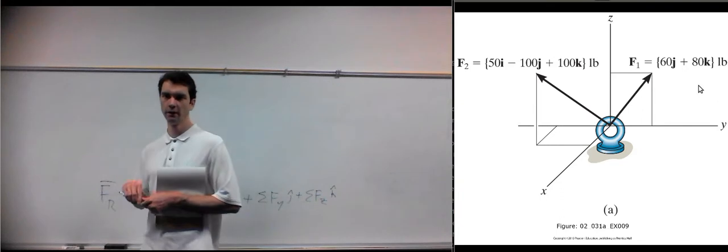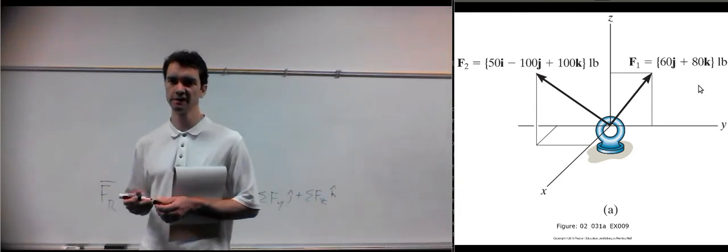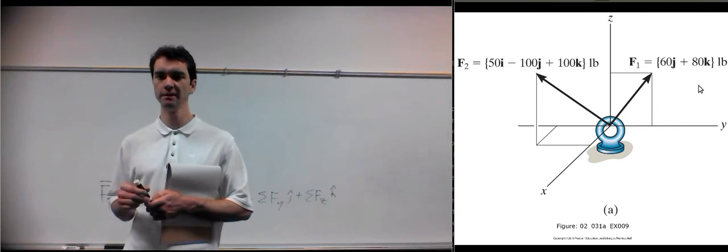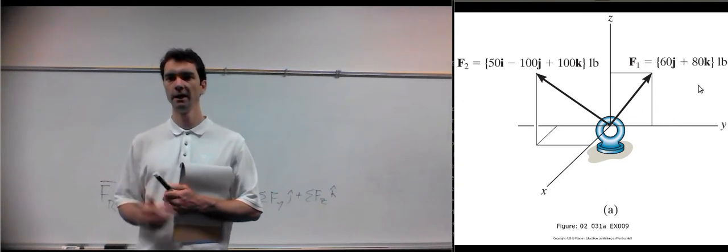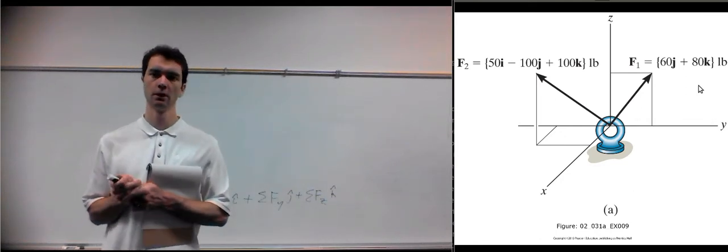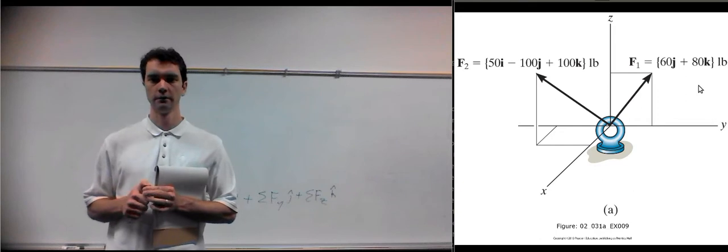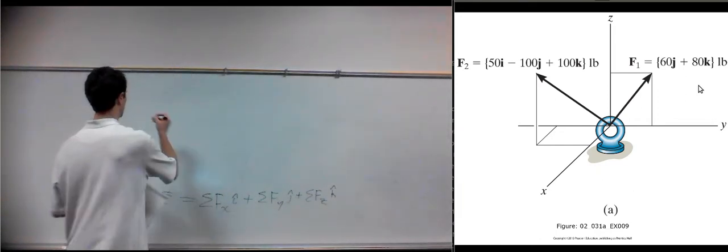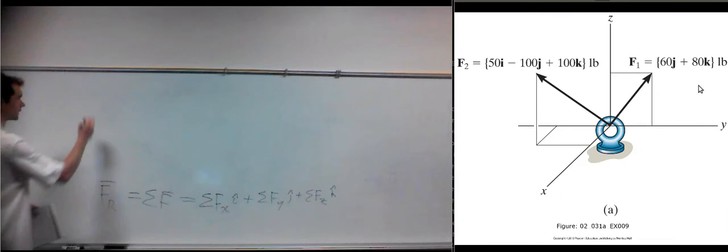We see F1 is 60 in the y direction and 80 in the z direction. So F1 is in the yz plane. F2 is not, it's in one of the octants. But we have its i, j, and k components. So we'll just use this equation.